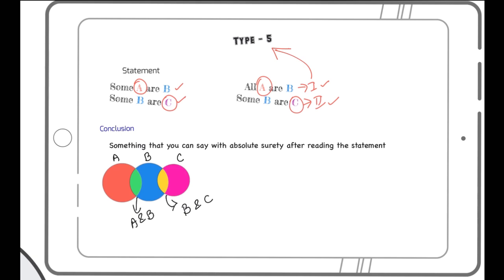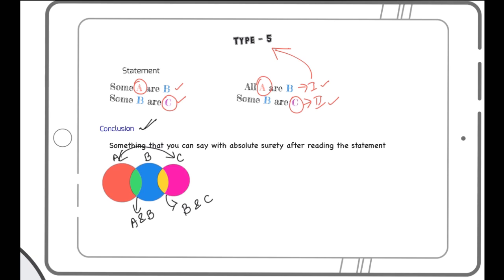Now, from this, as I said, we are moving on to type 5 to understand the relationship between A and C. What can you say surely? Because that will be my conclusion. Conclusion is something that I can say surely after combining the statements. So what can you surely say about A and C after combining these statements?